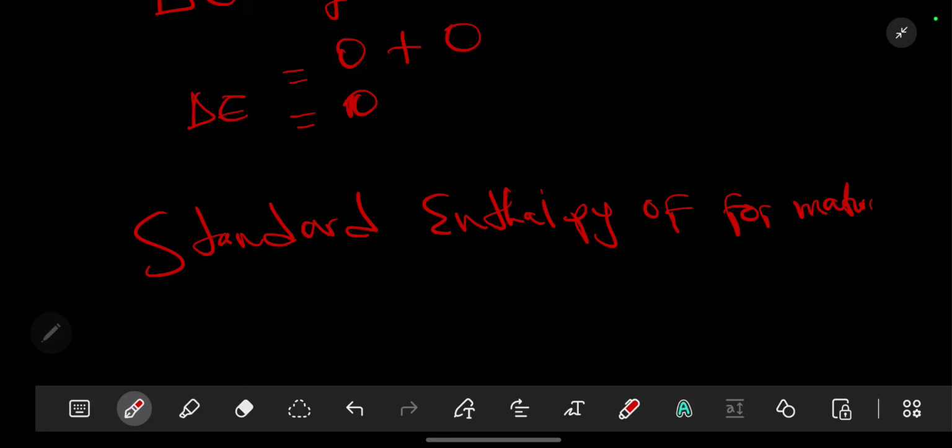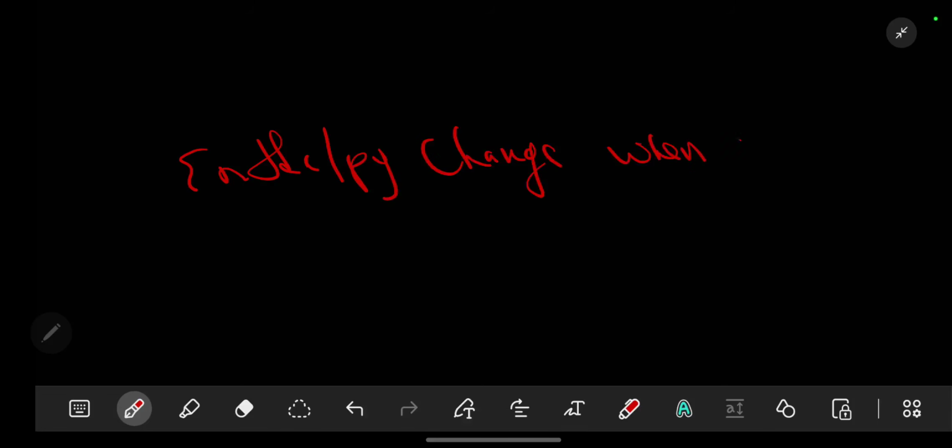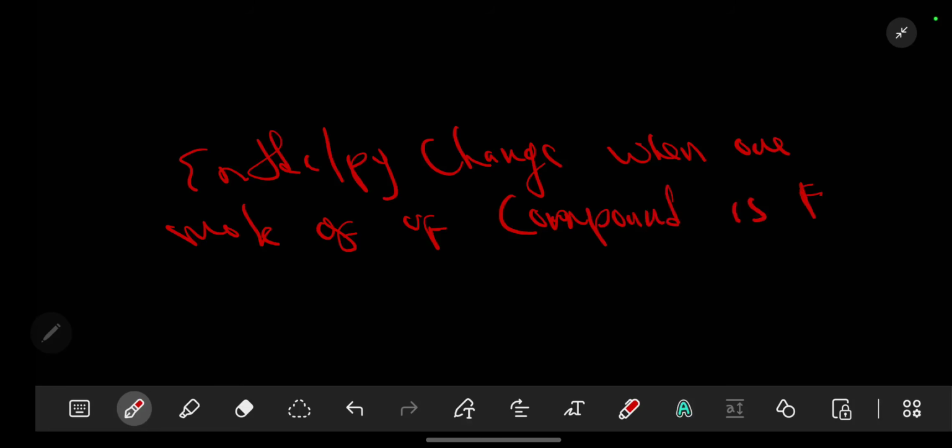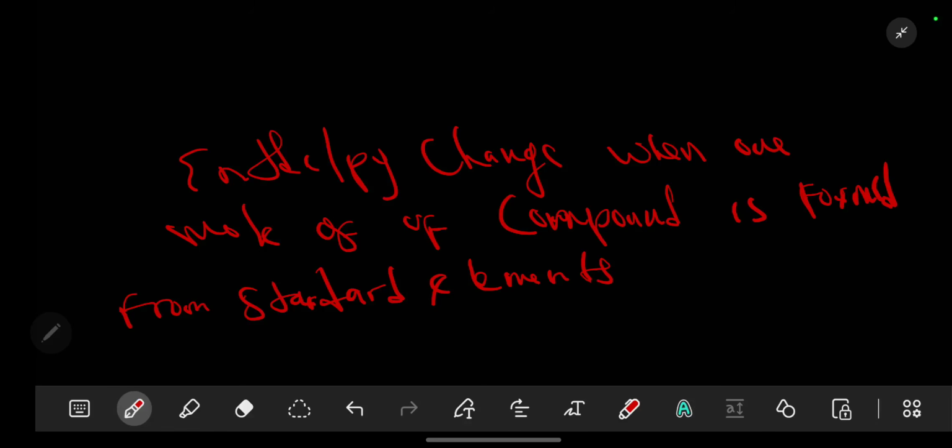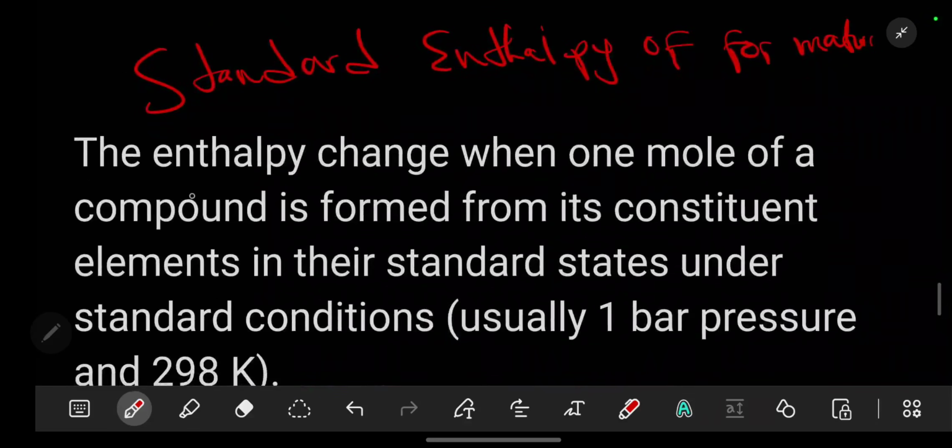The standard enthalpy of formation is simply defined as the enthalpy change when one mole of a compound is formed from standard elements in their standard forms. So this is the simple definition, the enthalpy change.